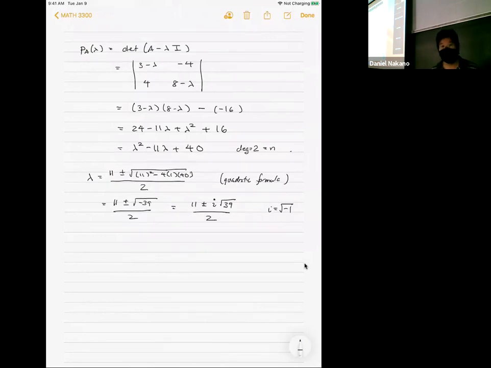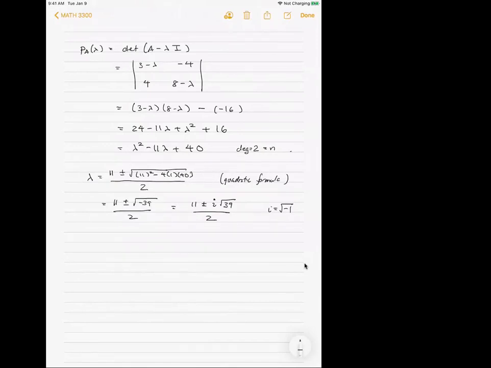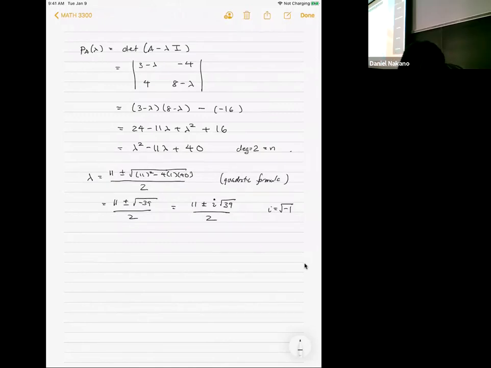So are the roots real or totally complex numbers? Complex. Okay, so these are complex eigenvalues. So you can get complex eigenvalues. All right. So there are 2 of them. And I think that's all we want to do.